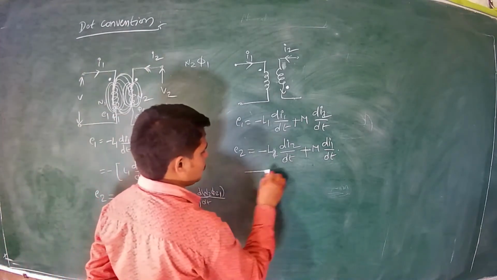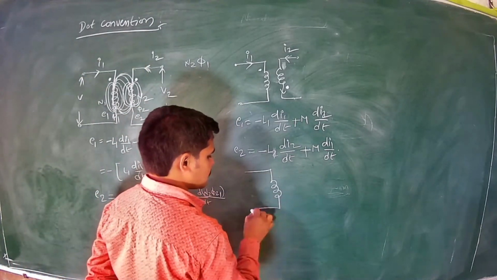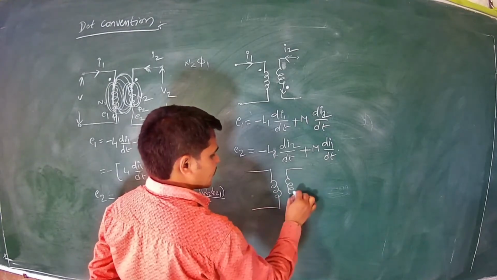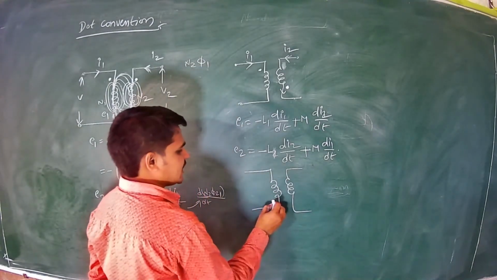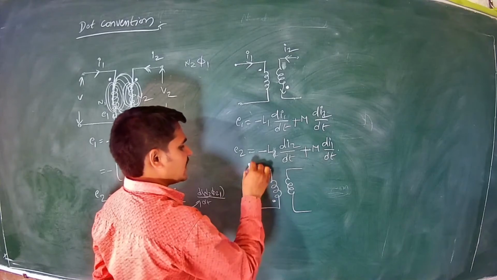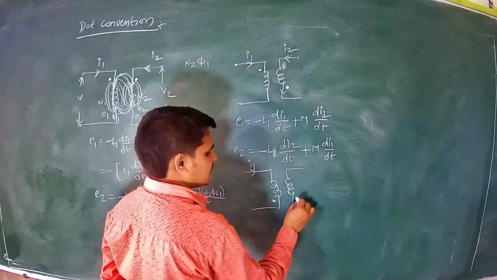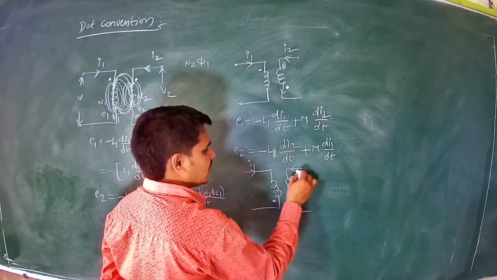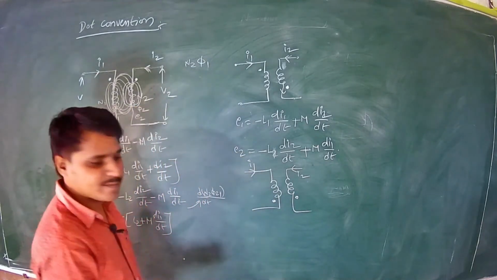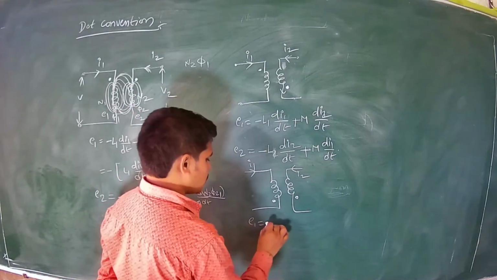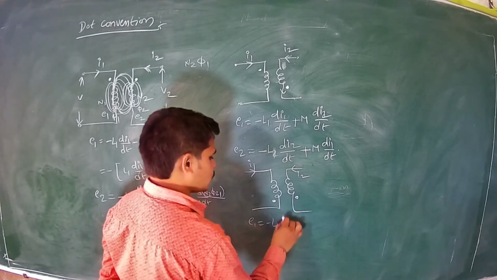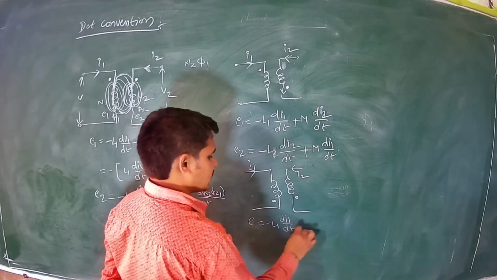Now let me take another example. Current is leaving the dot in the first coil, and current is leaving the dot in the second coil, I1 and I2. Then what is the EMF? E1 is equal to minus L1 into dI1 by dt.